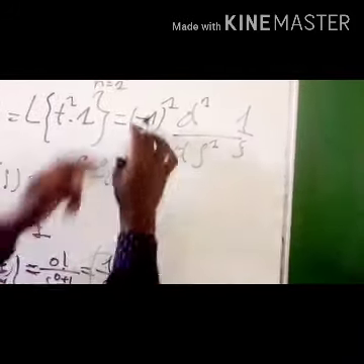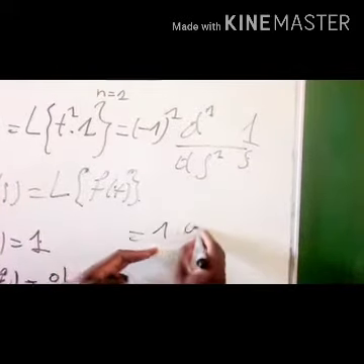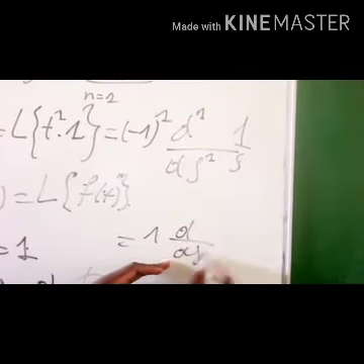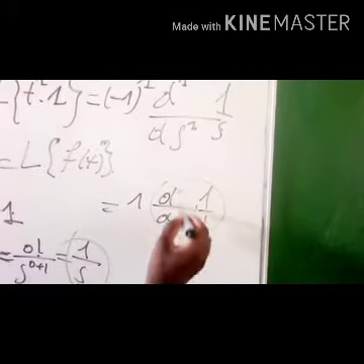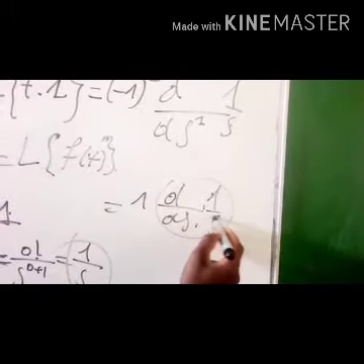We get minus 1 times d divided by ds of 1 over s. This is the derivative of 1 over s.